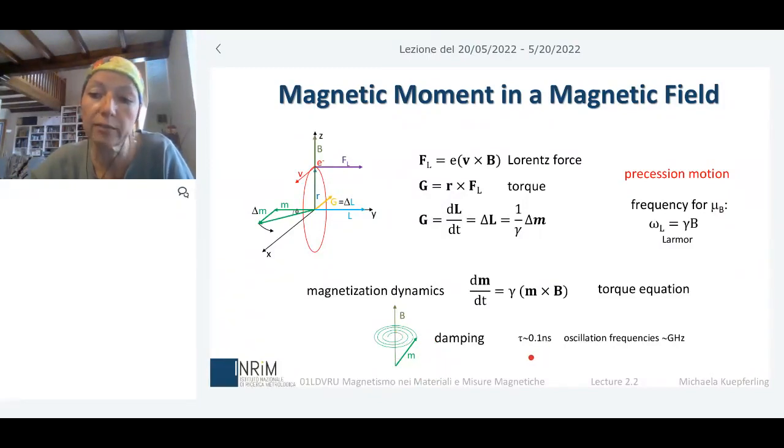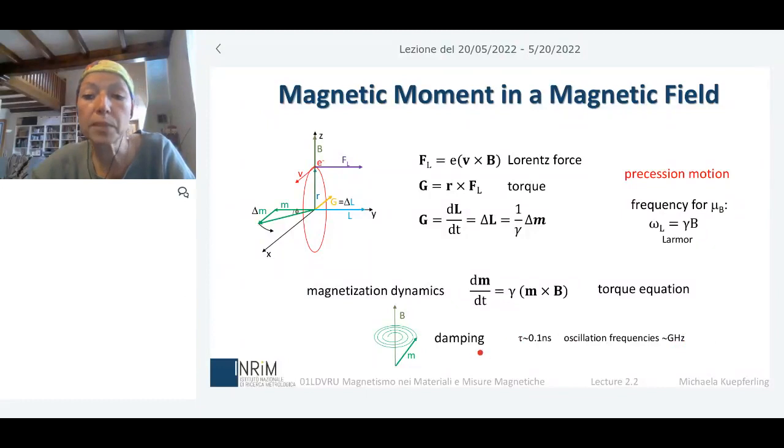And this happens very, very quickly. So you can see here that tau is about 0.1 nanoseconds. And the oscillation frequencies that we have in ferromagnetic materials are in the gigahertz range.